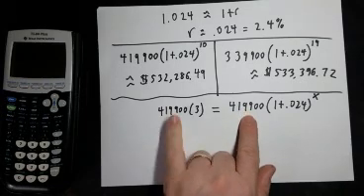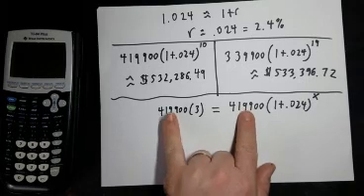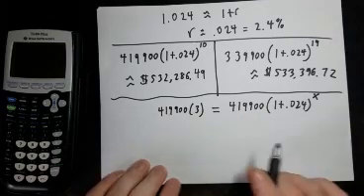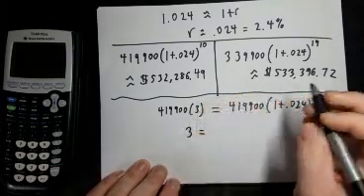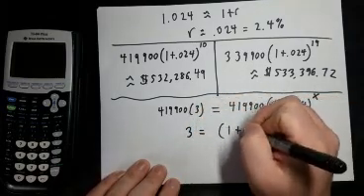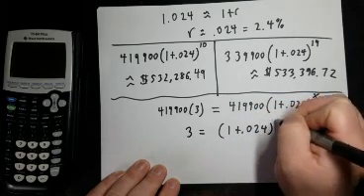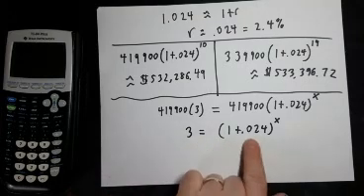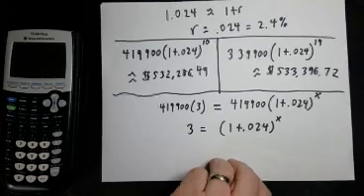And if you do, both sides of the equation technically cancel each other out. So if you did that, you'd be left with 3 equals, parentheses 1 plus 0.024 to the x power. Much easier calculation. Of course, you could make that a 1.024. I don't know why I didn't do that before, but that is what it is.